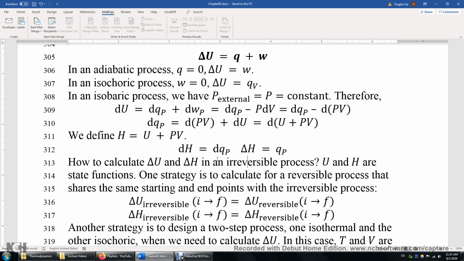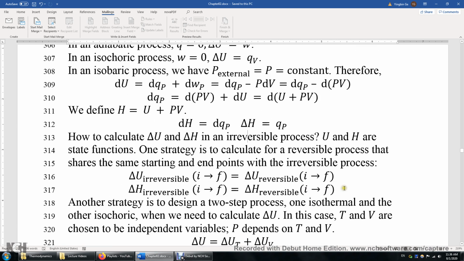Why? Again, U and H are state functions, so we can design whatever processes we want as long as they have the same initial state and final state as the irreversible process. And then we can compute the change of U and H.